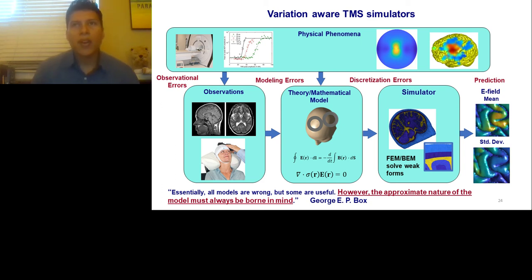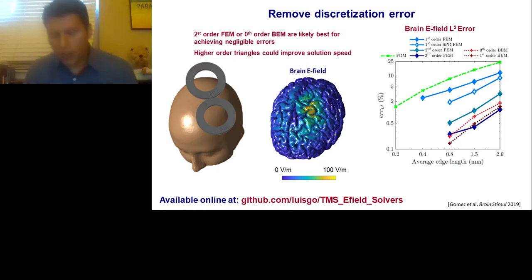I'll briefly talk about ongoing work I'm doing to get to this vision that I have, to give you an idea of how we're pushing towards this. And so the first goal was to remove discretization error. What we did is we put together all of the methods used in the literature and some new ones and compared them in terms of error to figure out the optimal strategy for reducing error while keeping computational time tractable.